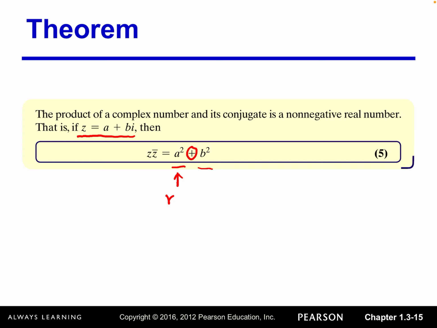This is the real part squared, and b is the imaginary part squared. Always remember this. This theorem has already been proved, so you can apply it directly in the future. You don't have to do the FOIL all the time. Remember, when a complex number is multiplied by its conjugate, the product is the sum of two squares: the real part squared plus the imaginary part squared.